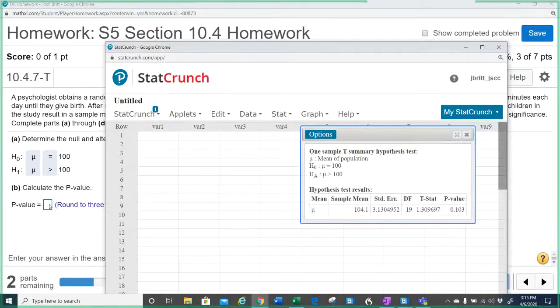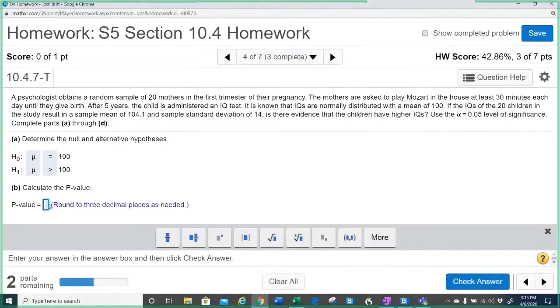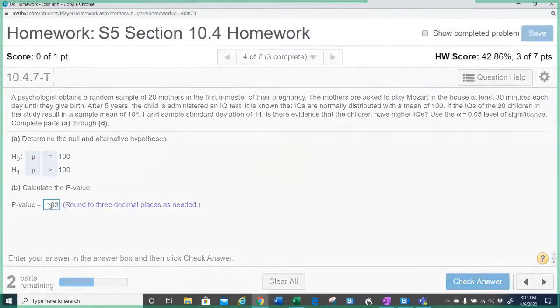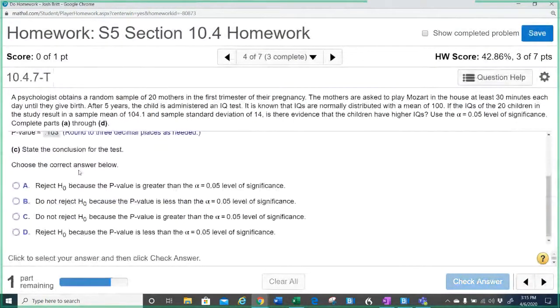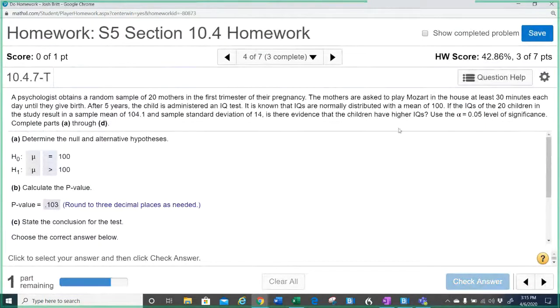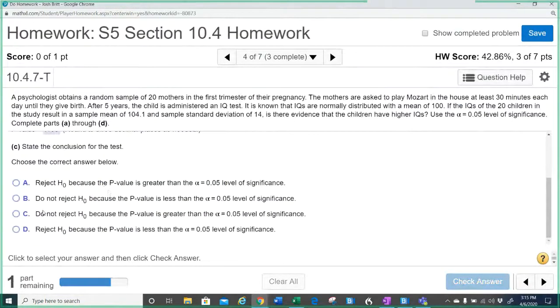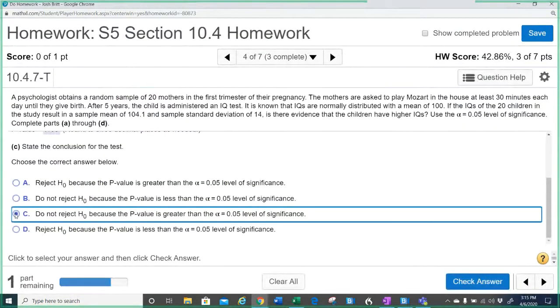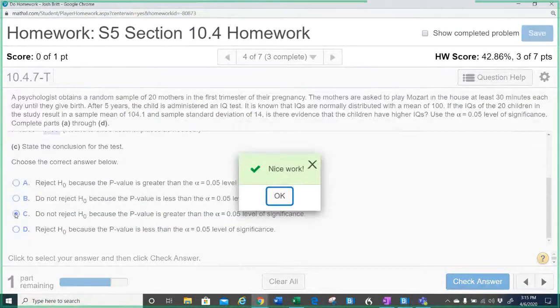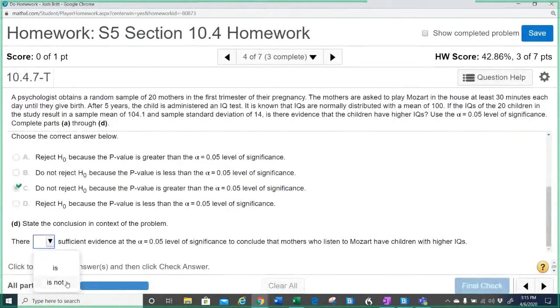P-value 0.103. So that is larger than alpha. So do not reject because p-value is greater than alpha. So there is not sufficient evidence to conclude that children of mothers who listen to Mozart have higher IQs.